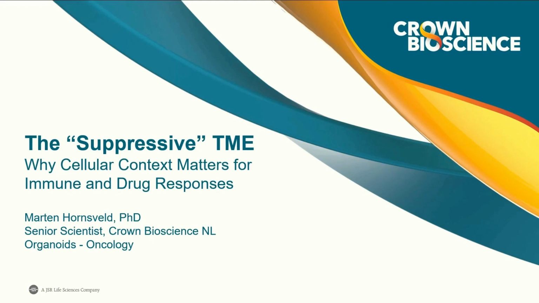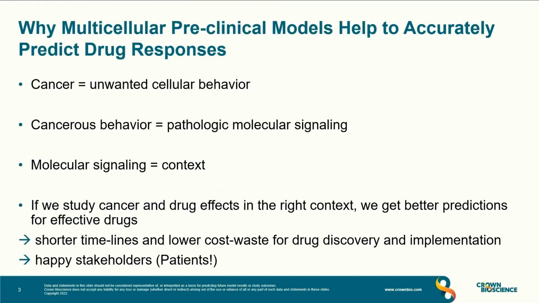And now I will continue with discussing the suppressive TME and especially why cellular context matters for immune and drug responses. So why do multicellular preclinical models help to accurately predict drug responses? Envision cancer. Cancer is essentially just unwanted cellular behavior, but unwanted cancerous cellular behavior you can see as purely pathological molecular signaling.